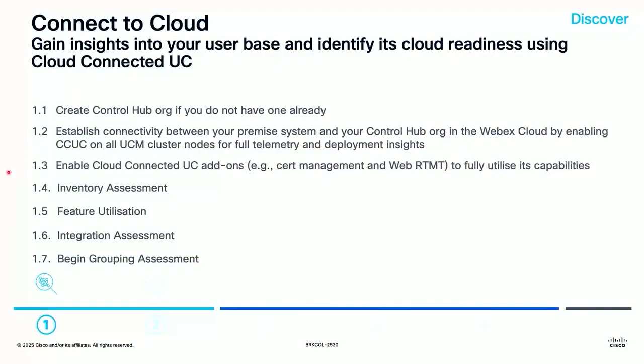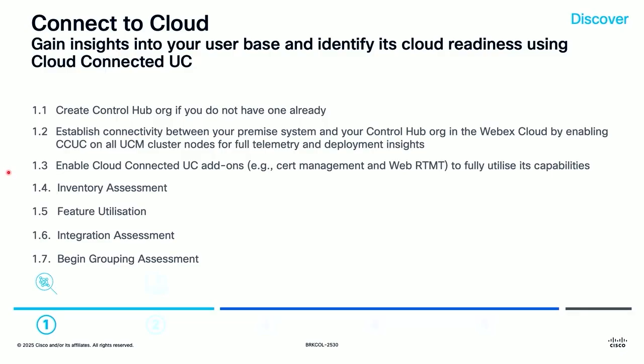So the first step is to create your organization in Control Hub, that has to exist. Establish the connectivity between your org in Control Hub and your on-prem UCM using Cloud Connected UC. And then you can use Cloud Connected UC for things like inventory assessment, looking at integrations. And you could also already start the grouping assessment. We will talk about the grouping in more detail later.